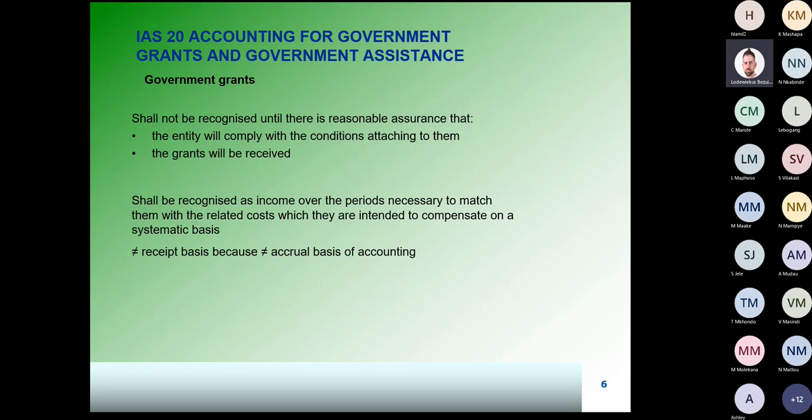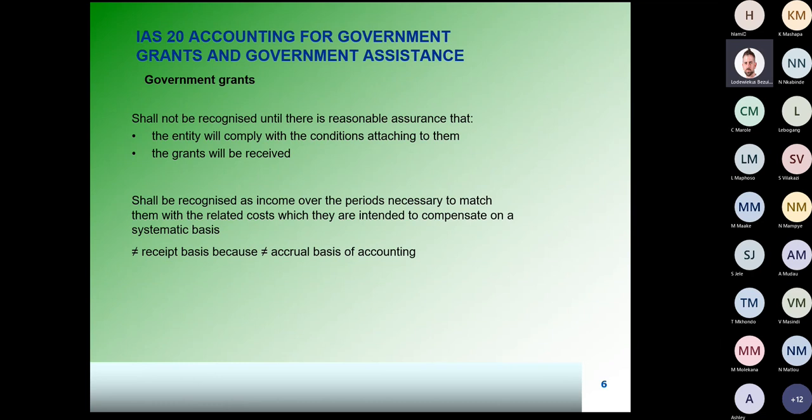So when you think of depreciation, depreciation is the write-off of the asset over the useful life. It's a systematic basis of how long we think we will use this asset for. So the government grant uses the same principle. We recognize the grant income based on the period that we will use the asset for.